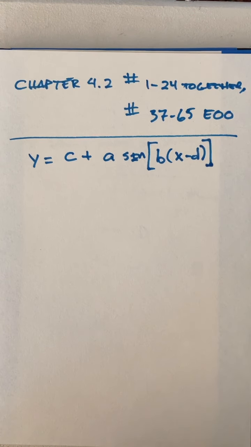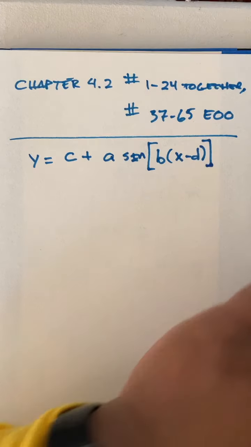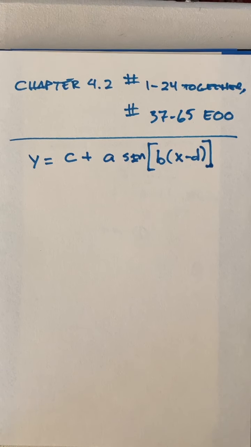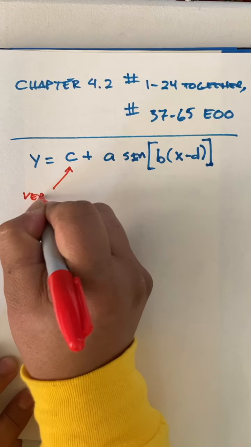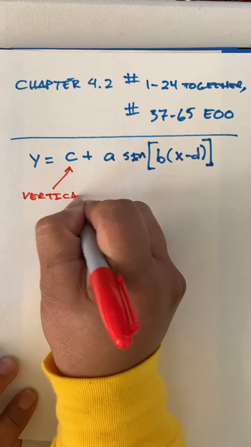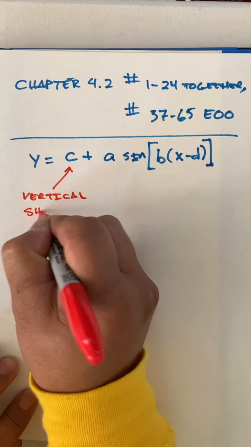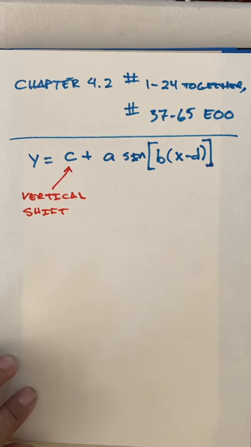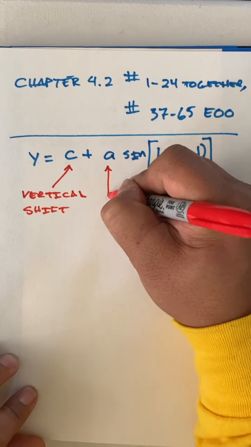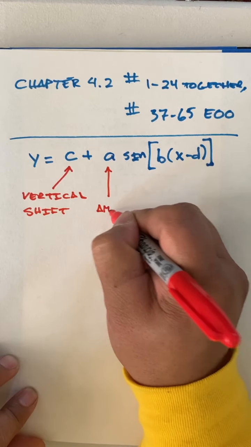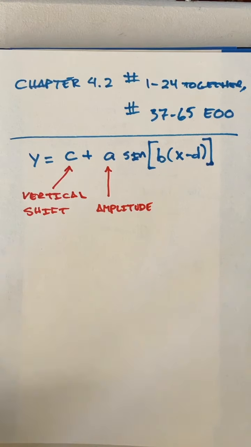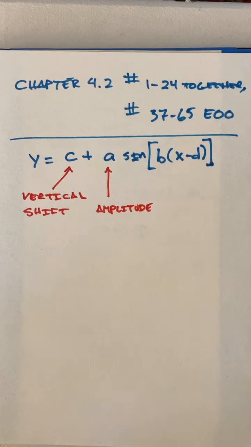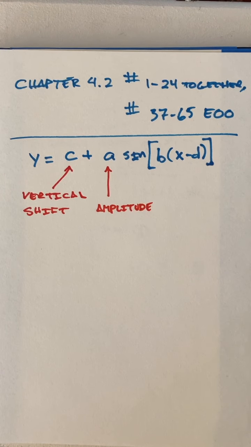Let me tell you the different parts of this, which the book does not really tell you. Okay, this C handles the vertical shift. Okay, and this A is for the amplitude. Sometimes the amplitude can be negative, which would then just kind of flip the function vertically, so it'll flip the function upside down.